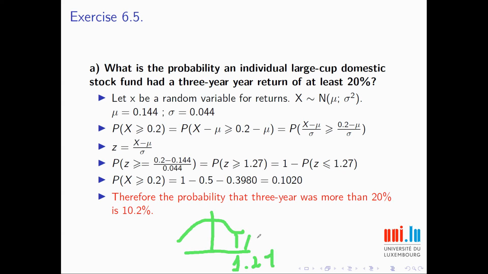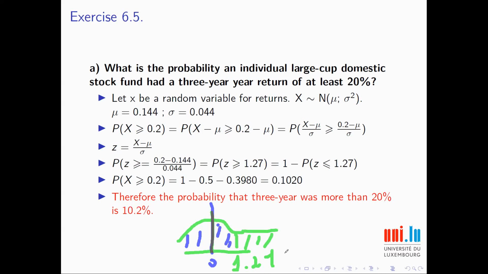So we are asked to find this area, and in order to do this, we can say that we are looking for the area to the left from the mean, and for the area between the mean and our quantile.